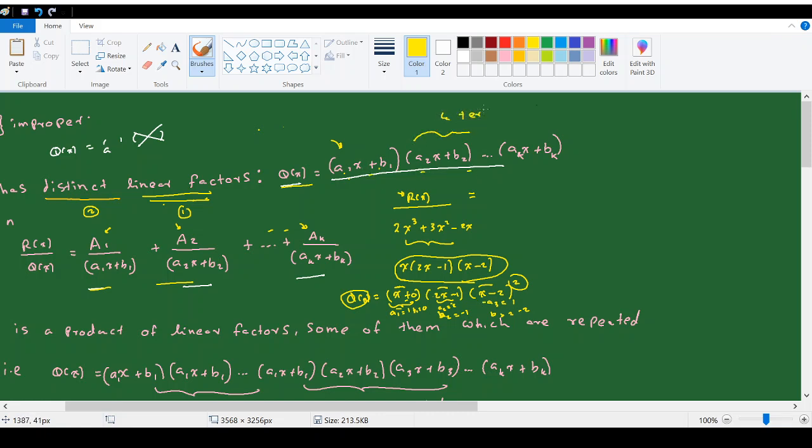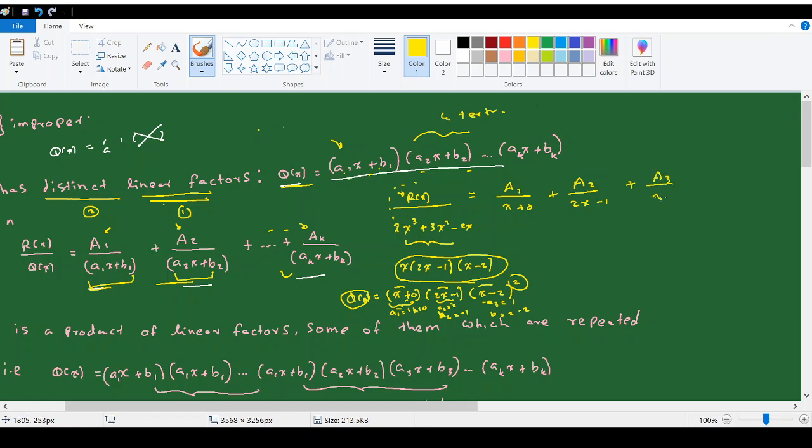Here we have k terms, so we have k partial fractions, but since in the particular example we have only 3 terms, we have only 3 partial fractions, right? So from the first category it says, we can write our improper fraction like this, okay?